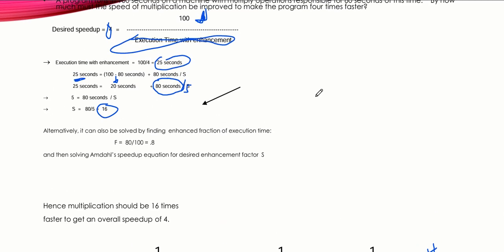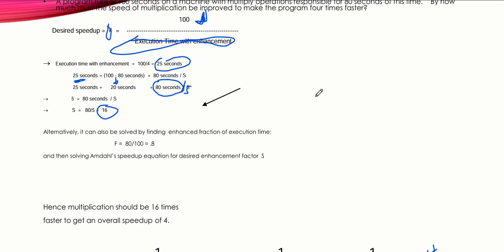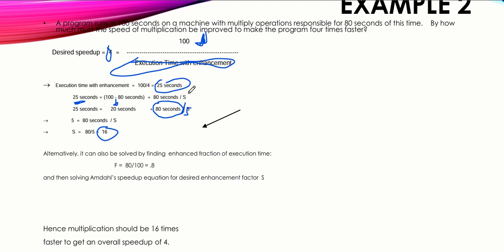Now, as you're observing this, notice that there are some cases where it is impossible to get an enhancement. Some of them will give you negative or zero values. In this very same question, if we had wanted to make the program 5 times faster, we would have gotten 20 here instead of 25, and 20 here, so I would have gotten 0 here.